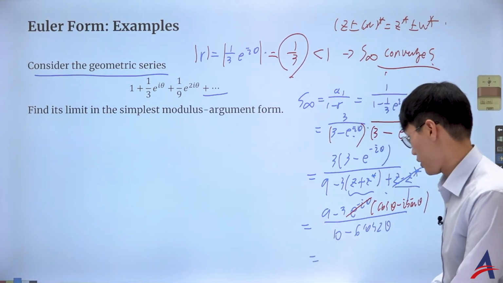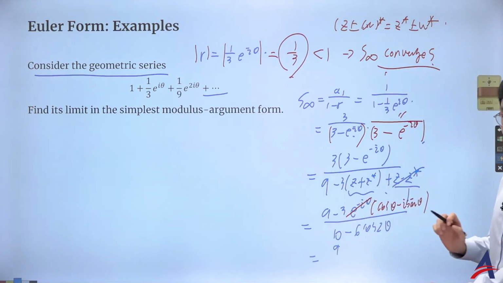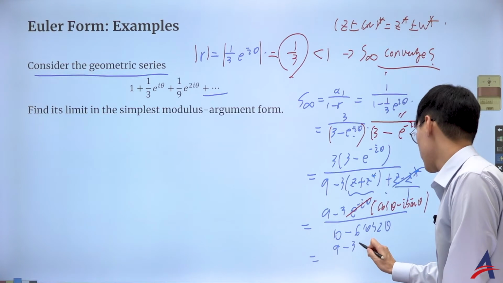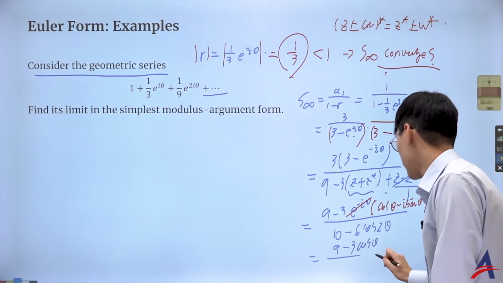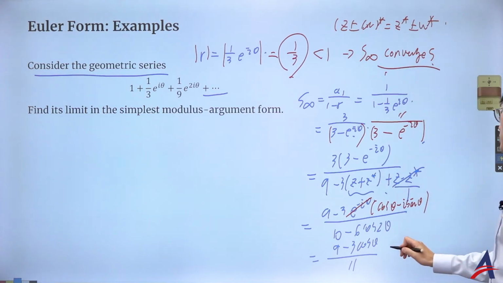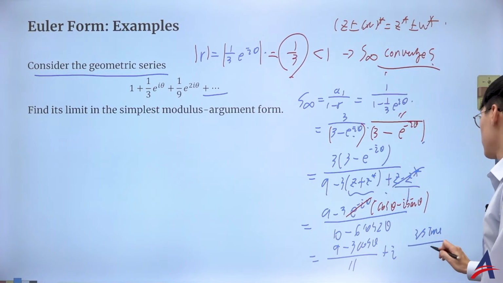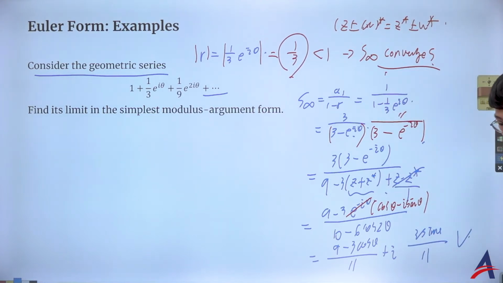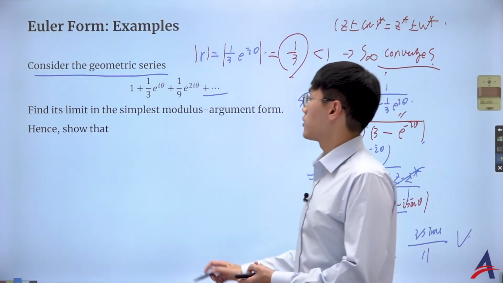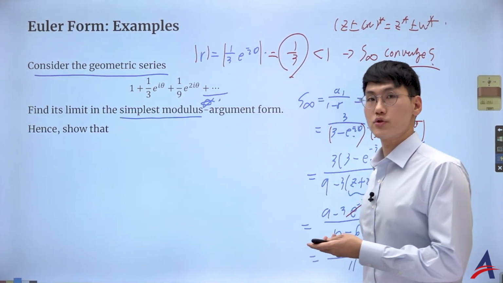So the real part here is going to be 9, and here the cosine was the real part, multiplied by the negative 3 cosine theta, over the denominator. No problem. Minus 3 times negative i will give you the positive i 3 sine theta over the denominator. So that's great. That will be the simplest form of this modulus-argument form.